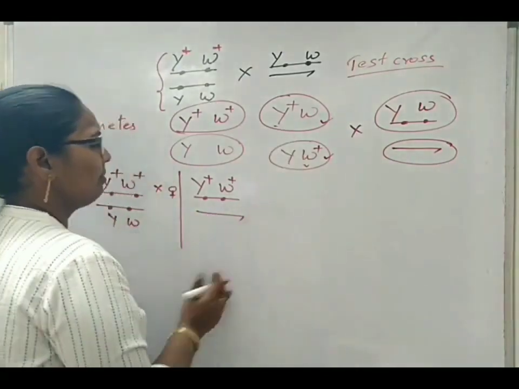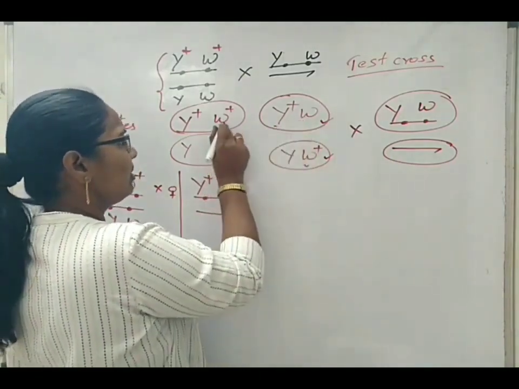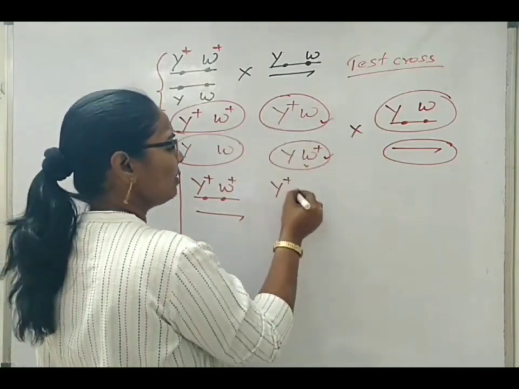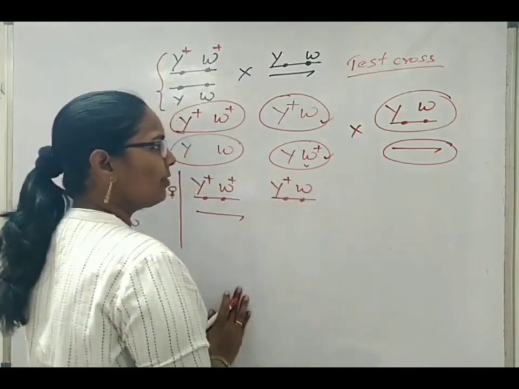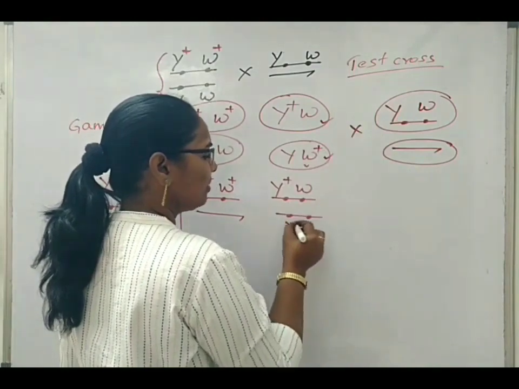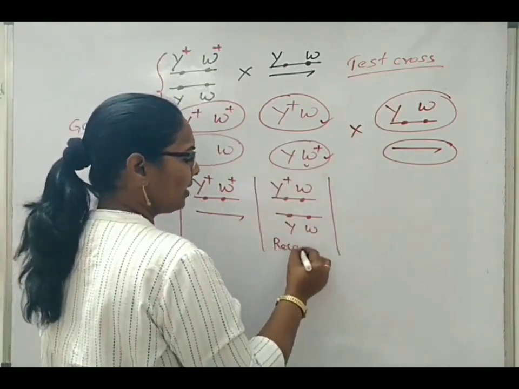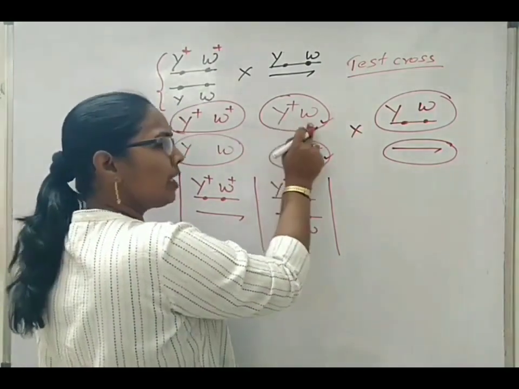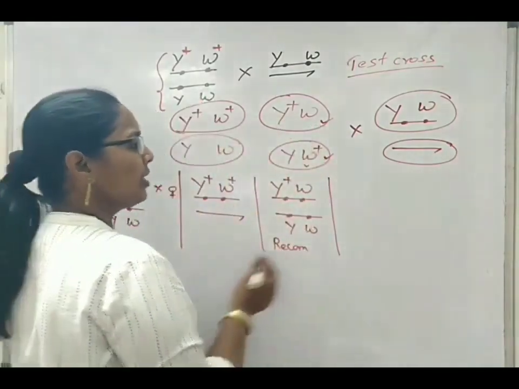Now, another one. Here, this is fused with both. Next, we'll take the second one, Y plus, which is a dominant allele, and one recessive allele, on the X chromosome of the female, now crossed with the X chromosome of male. Now, this is considered recombinant because the gamete itself represents recombination, because both are not dominant alleles and both are not recessive alleles according to the parental combination.